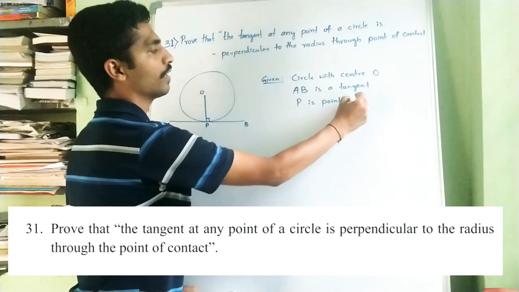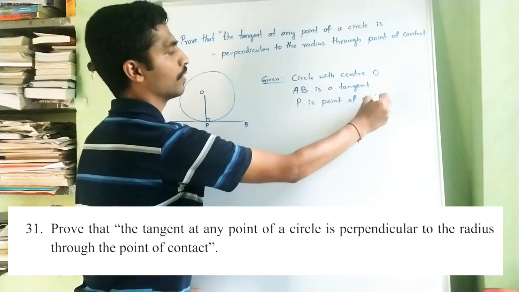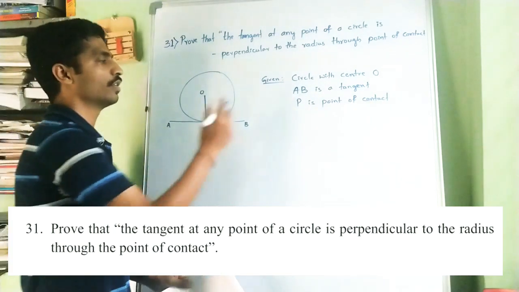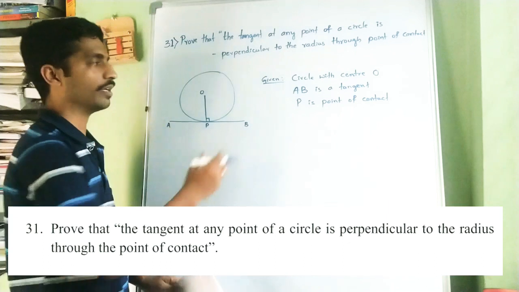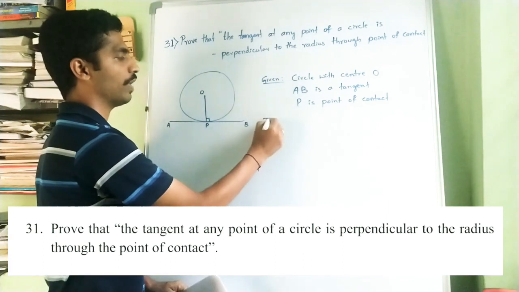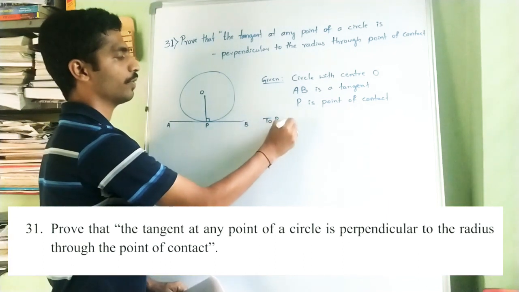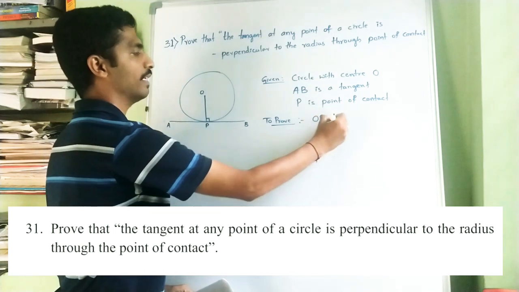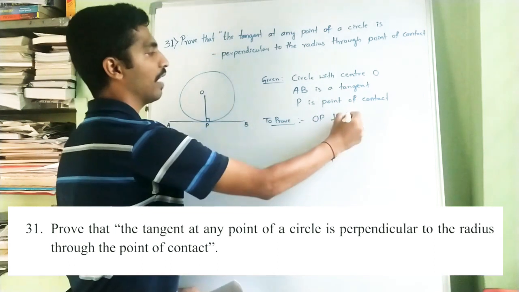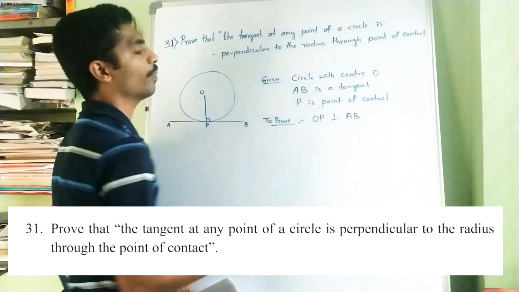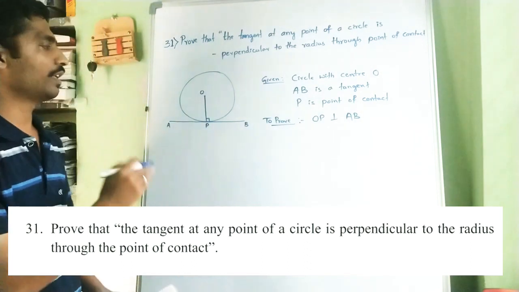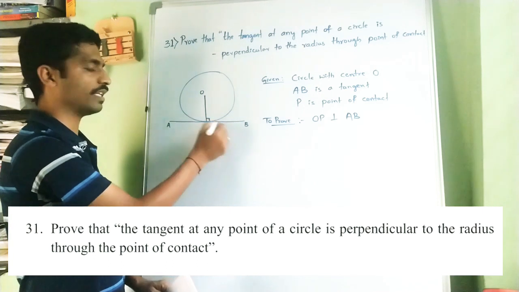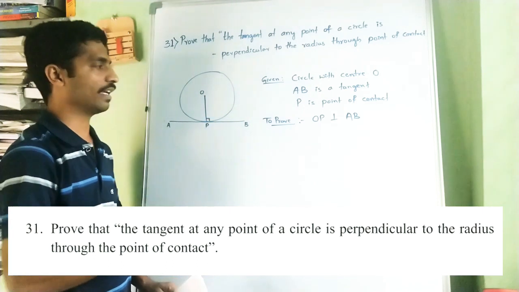Every step gets you marks, so write them step by step. Given, then to prove. You have to prove that OP is perpendicular to AB, or AB is perpendicular to OP, vice versa. It means OP and AB are perpendicular, which means they make a 90-degree angle.